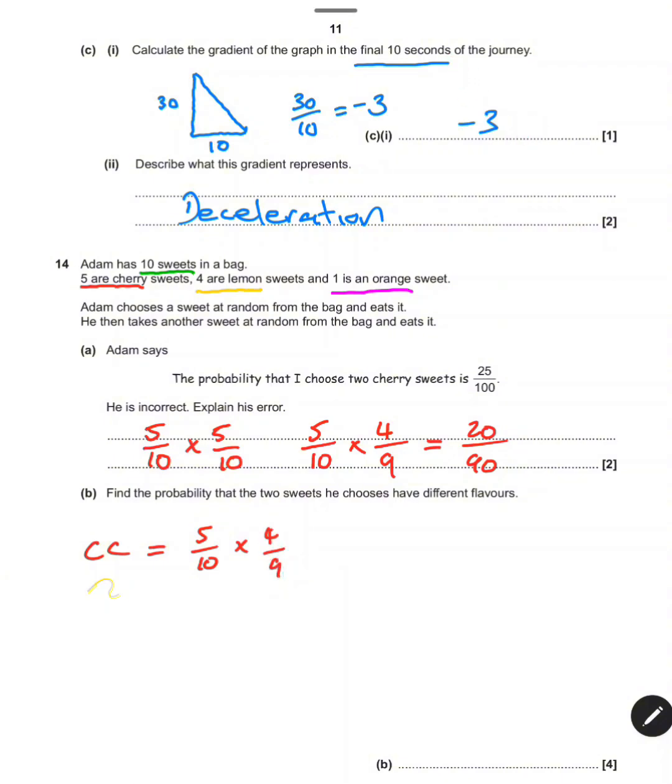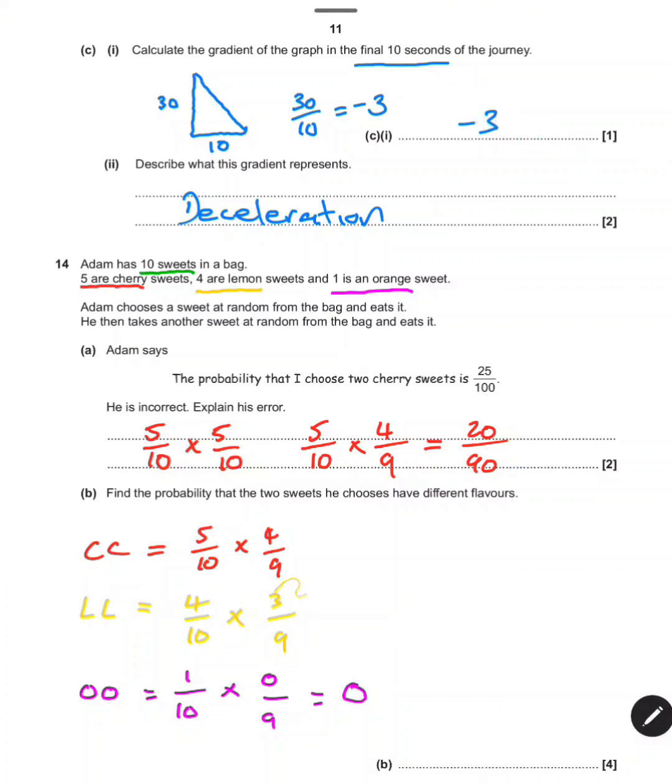If we look at lemon and lemon, well, there's 4 lemons to start with out of 10. If he eats one of these, there's only going to be 3 out of 9 left. And then if we look at orange and orange, well, that's going to be 1/10th multiplied by 0/9ths, because if he eats this, then it's gone. So we can do that one quickly. The probability of 2 oranges is 0.